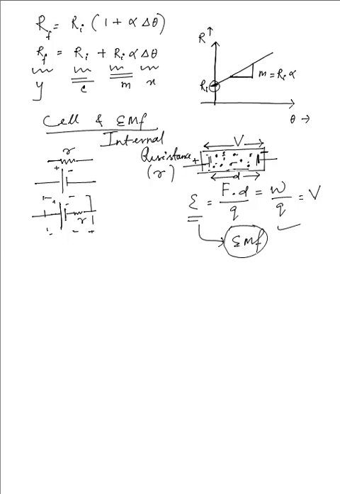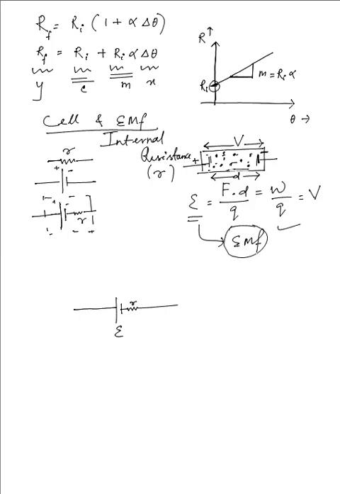Whereas if this cell is connected to an external circuit, which I'm drawing as that entire circuit that I can consider right now, the EMF of the cell is the total potential difference that is present across the cell. Now this cell acts as a source of potential difference to an external circuit.